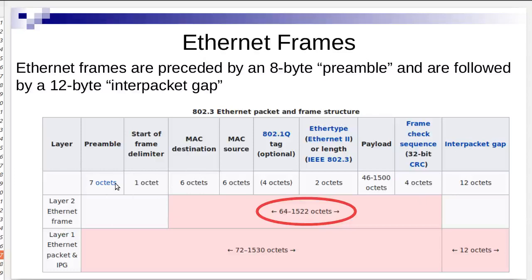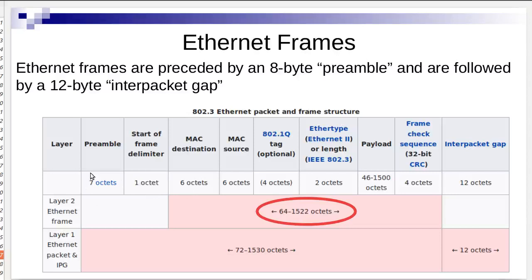I believe it's just AA because A is just 1010, so it's like a square wave sort of signal, followed by a start of frame delimiter, which is just AB, and that signals that the next bit after the B set of 4 bits will be the destination MAC address.